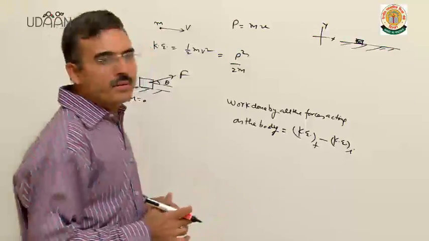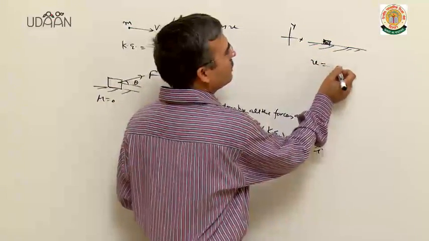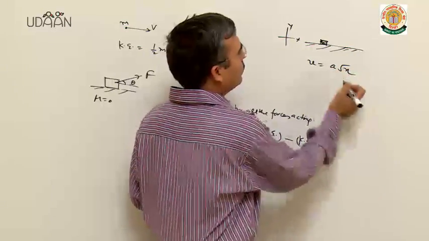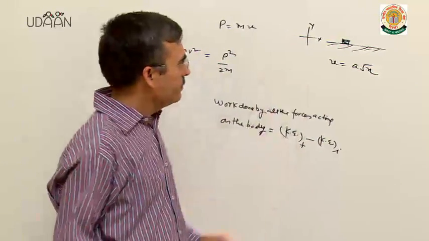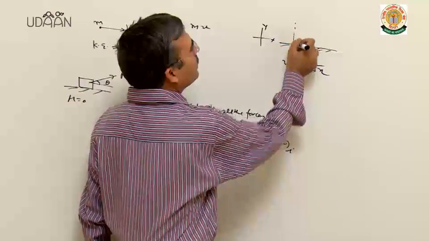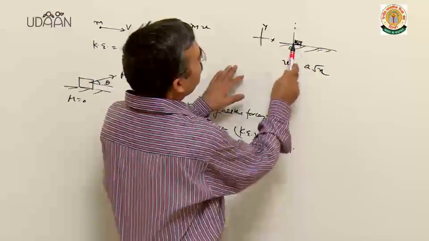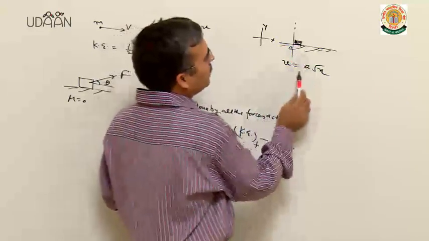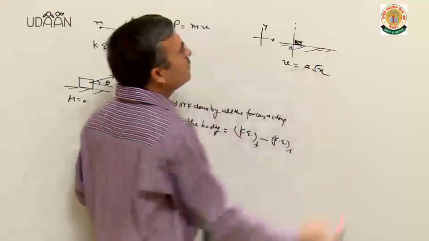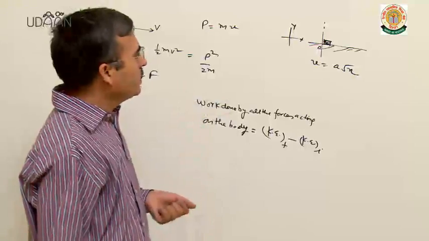We are unaware of the forces, but its velocity is given v equal to a root x. मान लीजिए we start measuring its distance from O point. So as the distance x increases, its speed is increasing because many forces are acting on it.